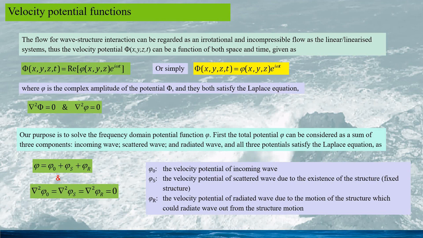As a linear superimposition, the three potentials could form a perfect dynamic system for the wave structure interactions. That is, the structure scatters the incoming wave together with the wave radiated away due to the structure motion.